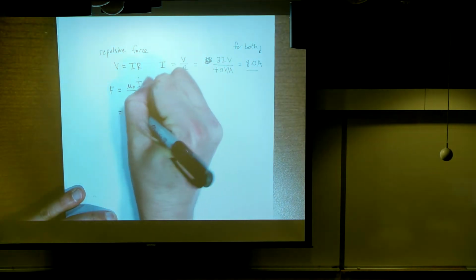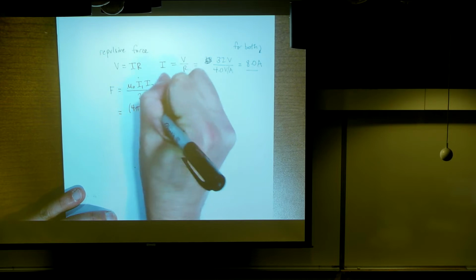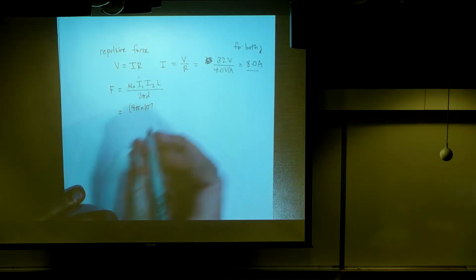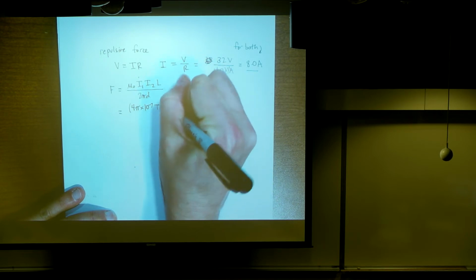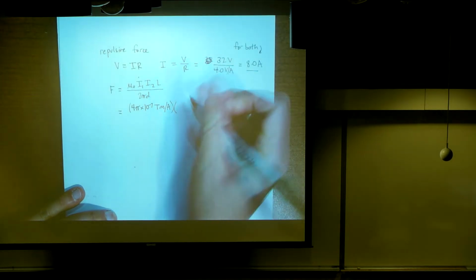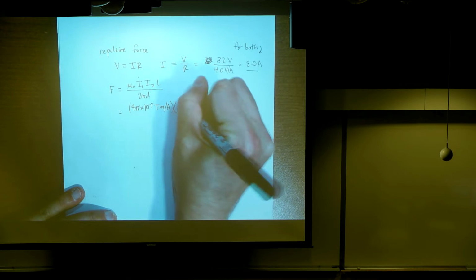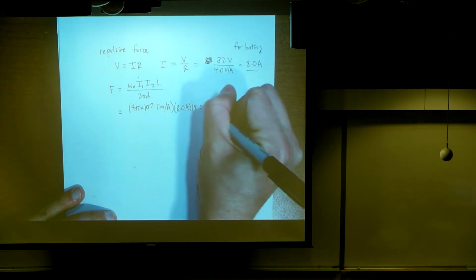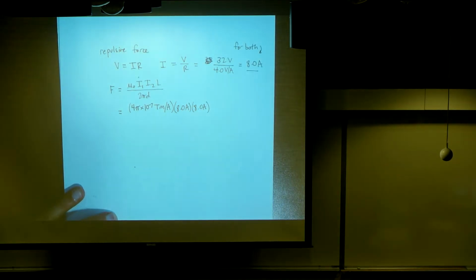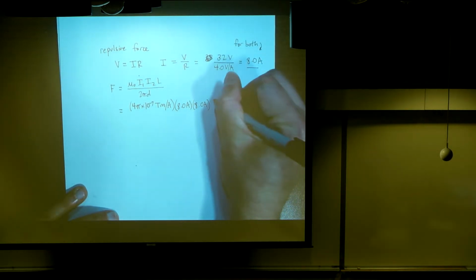This constant is equal to 4 pi times 10 to the minus 7, and it has kind of a weird unit, which is Tesla times meters per amp. Now we have two currents, which both are 8 amps. So I1 and I2 both get a value of 8 amps. The length, that was 2 meters.